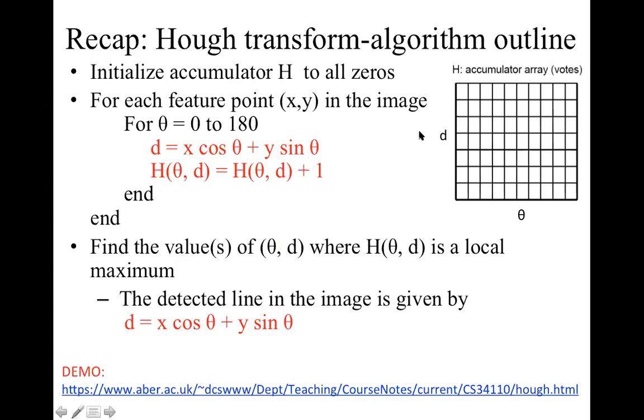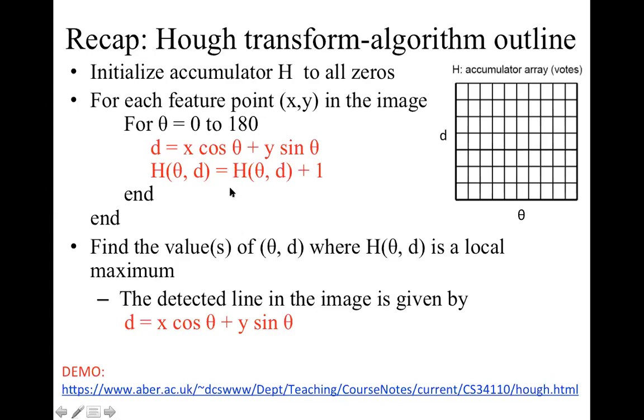The general version of the algorithm is that each feature point, basically each edge, will vote for all possible directions, all the lines that could pass through the point x, y. You go over theta with some discretization from 0 to 180, so each point votes for all directions of lines, and the vote of each edge has the same importance, 1.